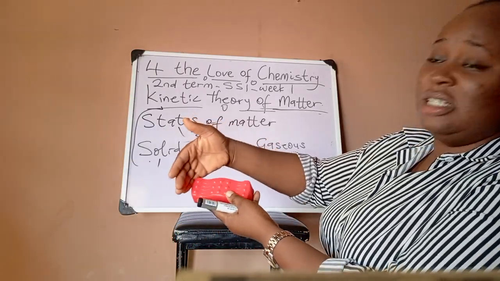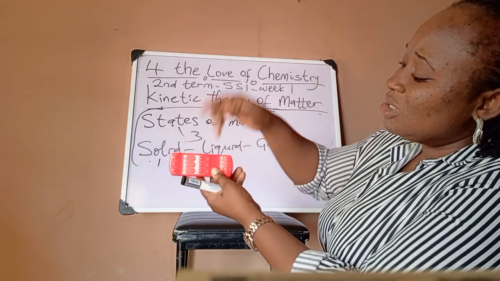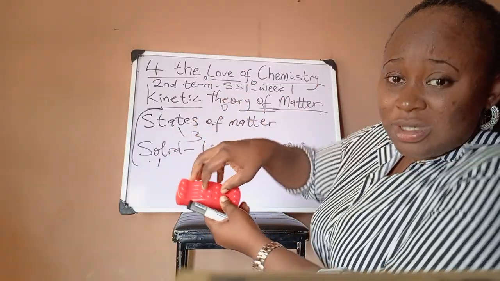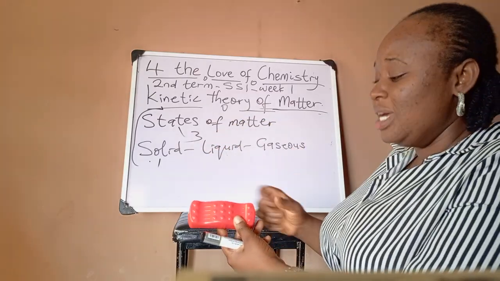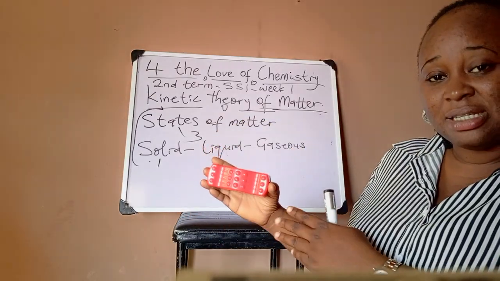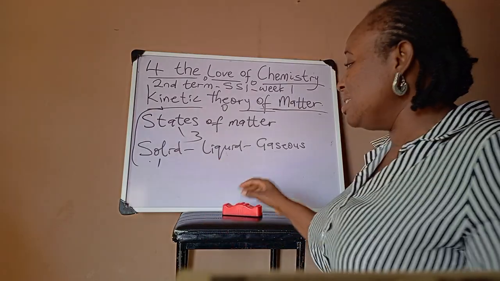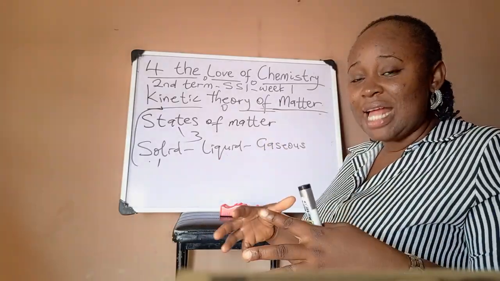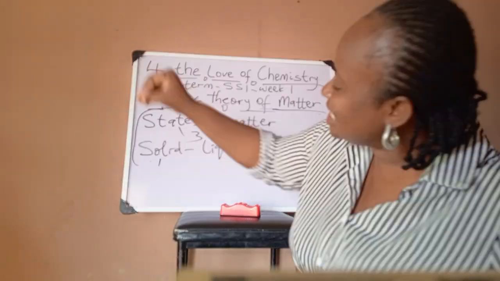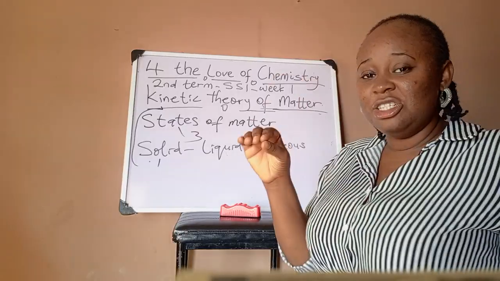You're just seeing something that is already together. But this thing consists of tiny particles that come together to make it up, and they are held together by a strong bond. That is why it appears as a unit. So you realize that solids are very closely packed together, and that also affects their kinetic energy.